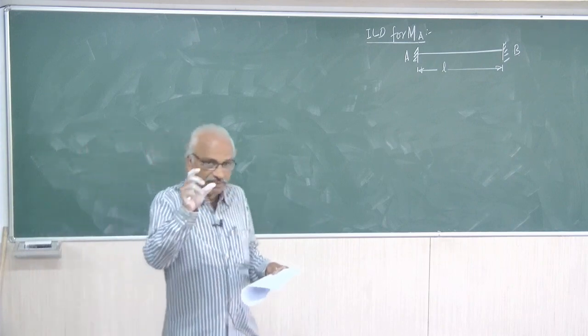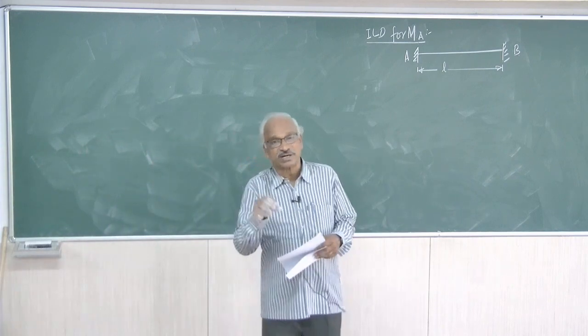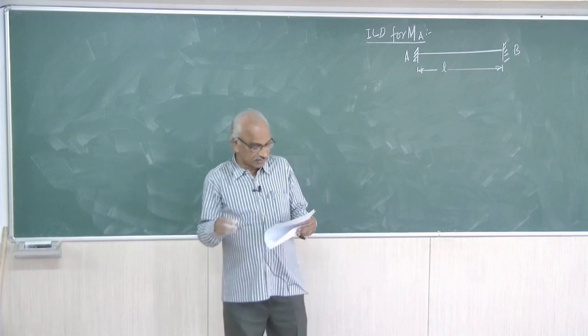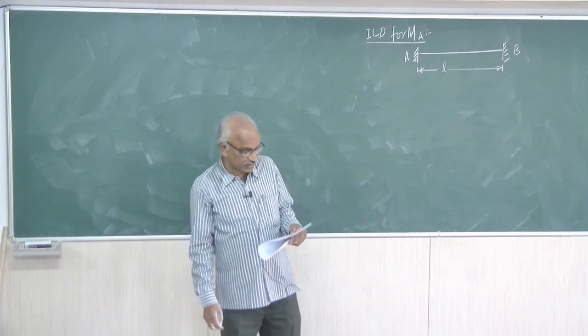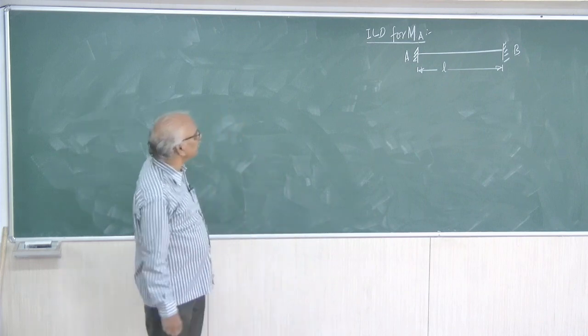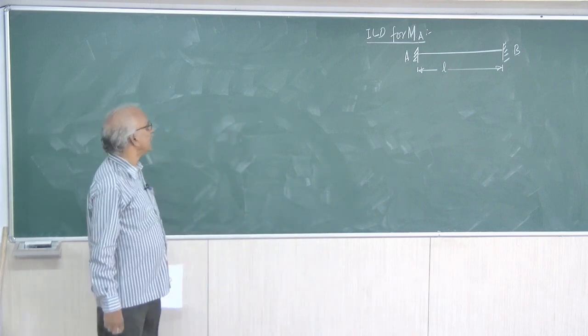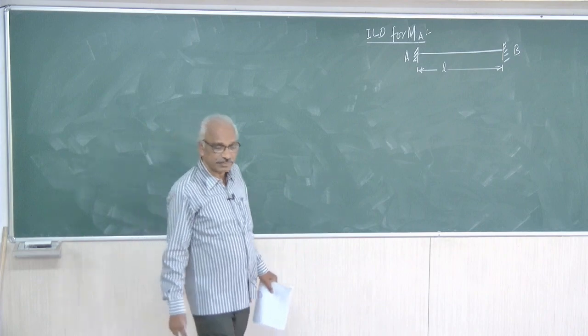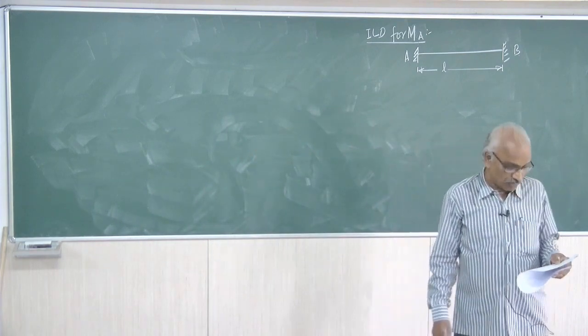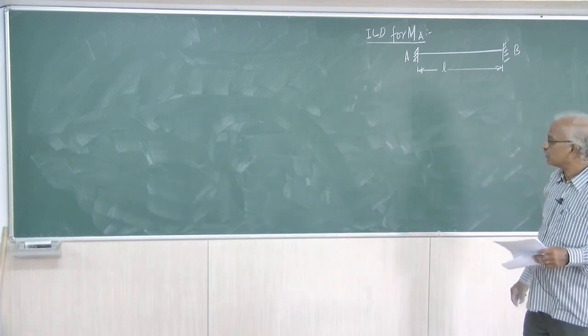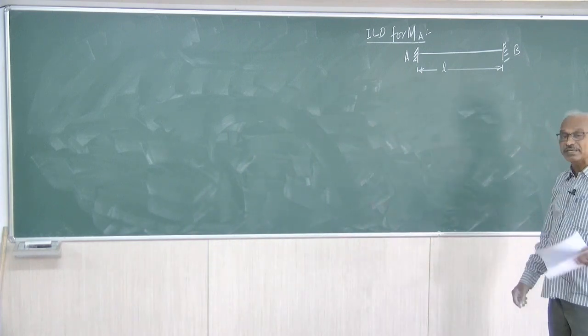So I will briefly give you the important concept. Then the viewers can just try the problem. So draw the influence line diagram for the fixed moment MA, M at A, for the fixed beam of span L. Right. Now here we have been asked to draw the influence line diagram for MA.